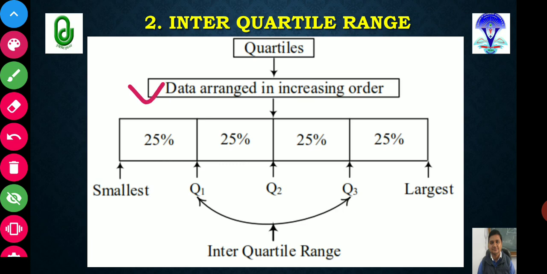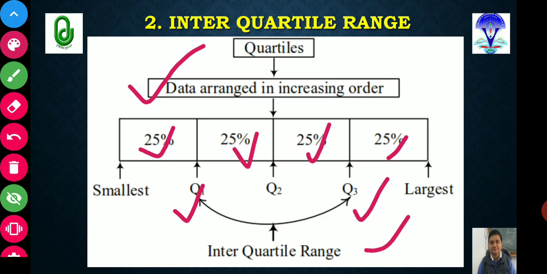So first of all, you arrange data in increasing order or decreasing order. You may arrange in decreasing order also. So these are the quartiles, Q1, Q2, Q3, and the difference between Q3 and Q1 is called the interquartile range.